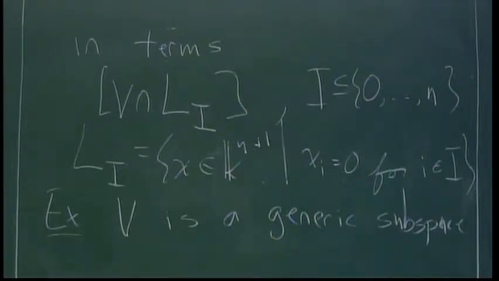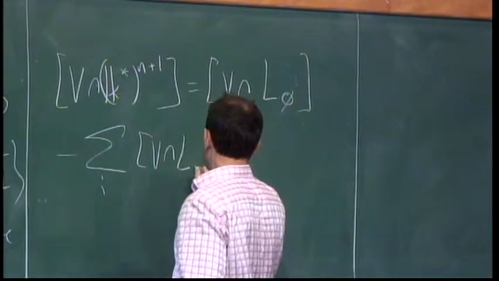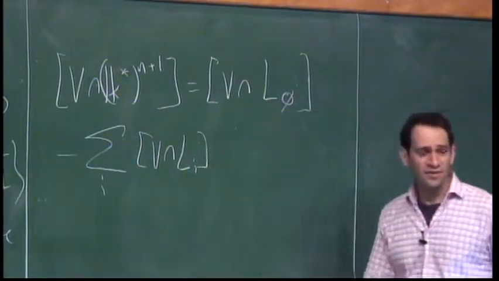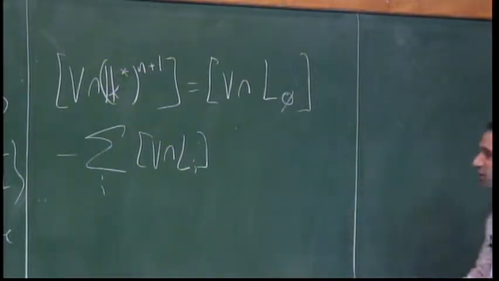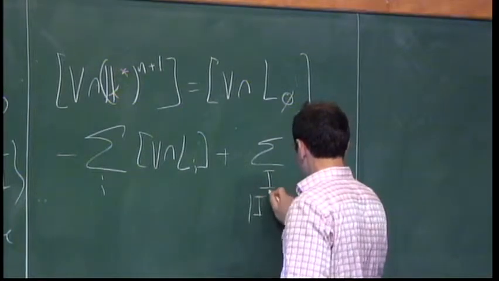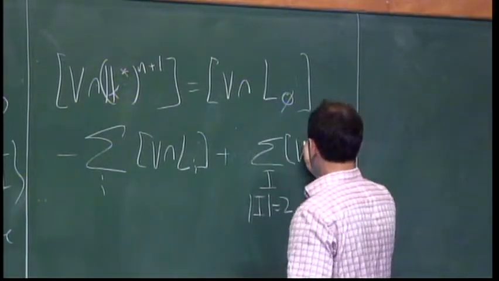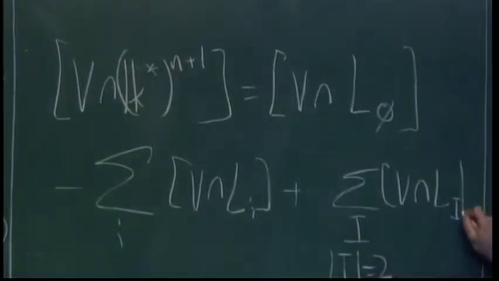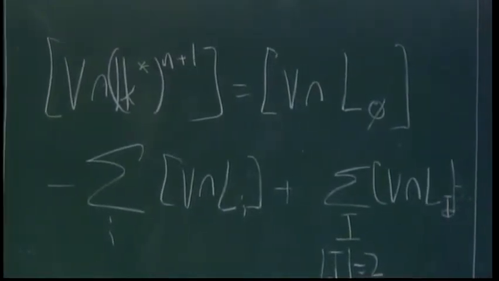Then we subtract the set of all points where one coordinate is 0. But then we've subtracted too much because we've subtracted all the points where two coordinates are 0. So we add them back in. And so on by inclusion, exclusion.